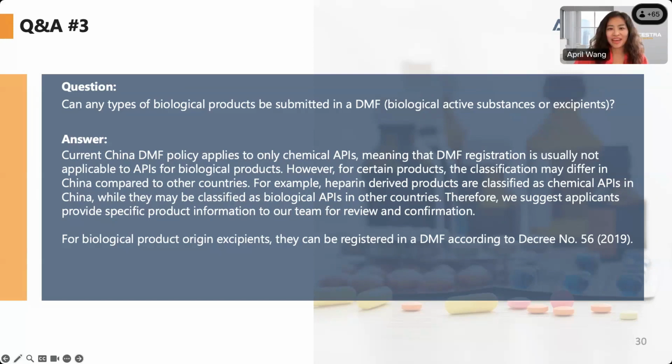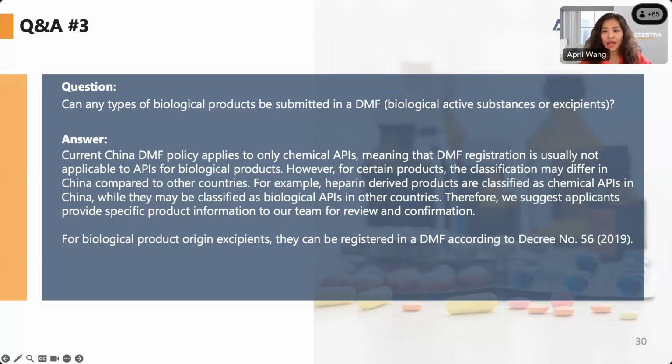Thank you, Raymond, and it's a very good question. So the answer is currently China DMF policy only applies to chemical APIs, meaning that DMF registration is usually not applicable to APIs for biological products. However, for certain products, the classification may differ in China compared to other countries.